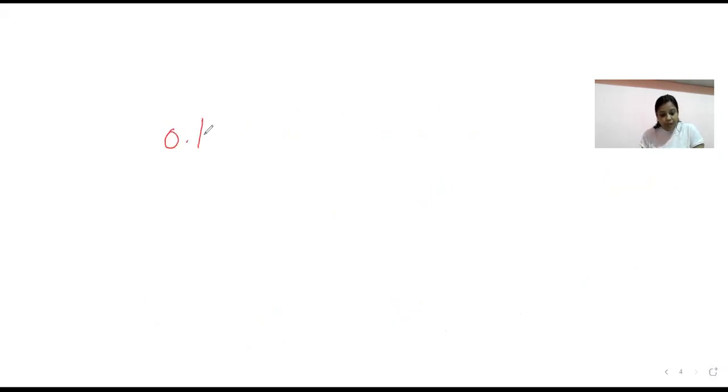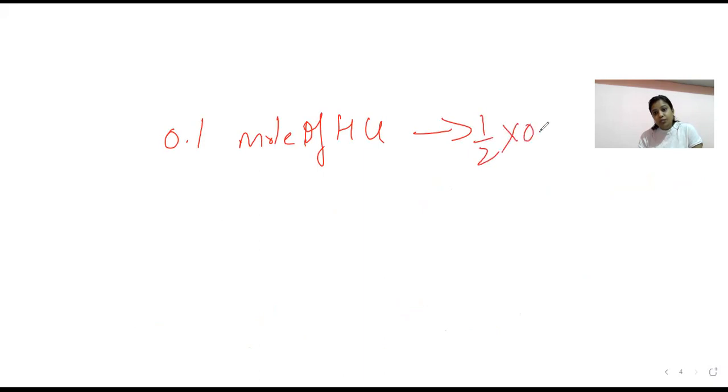So 0.1 mole of HCl will produce how much hydrogen? Half into 0.1. So the amount of hydrogen produced will be 0.05 mole. Now let us convert it into liters.